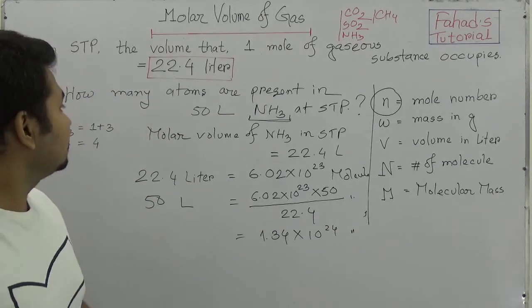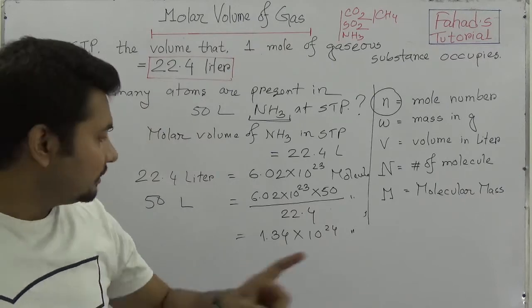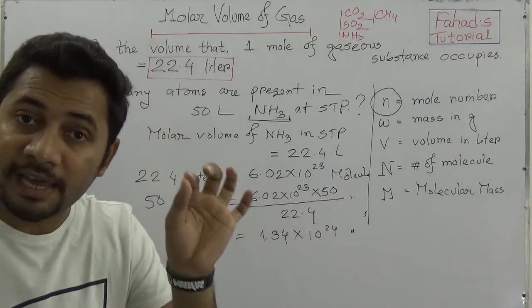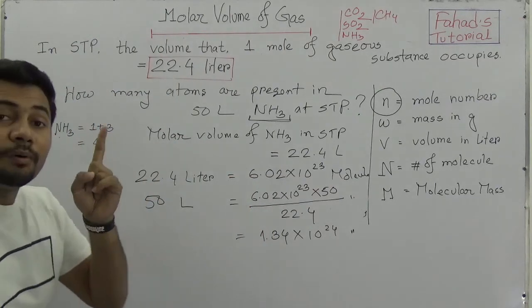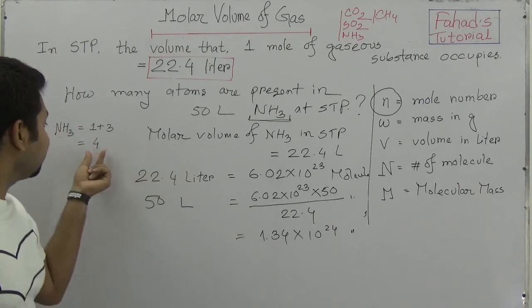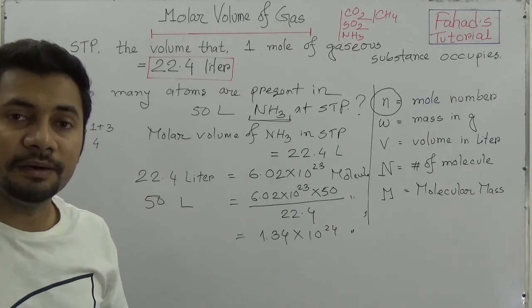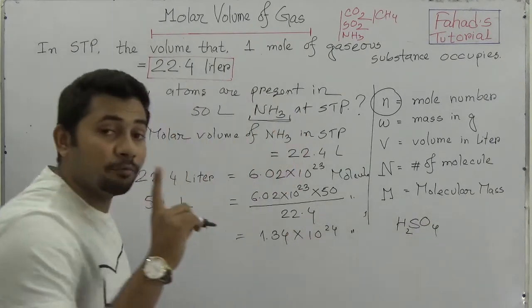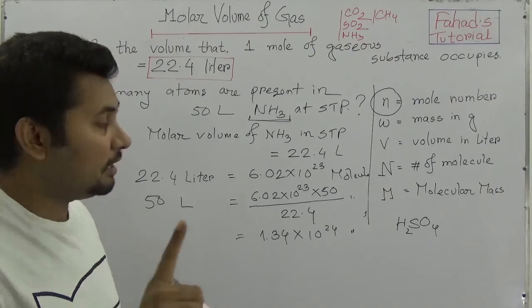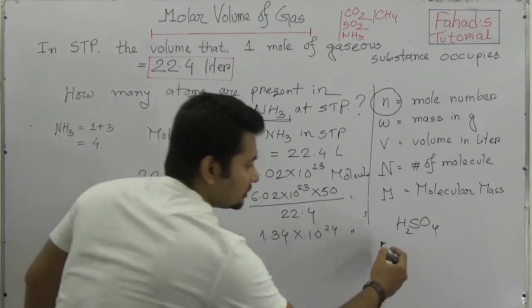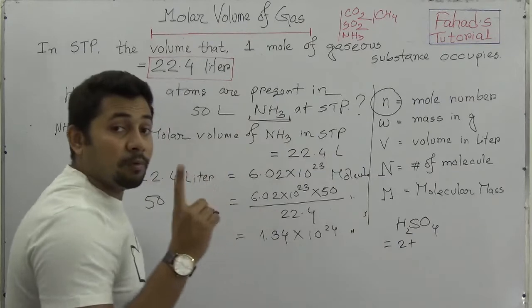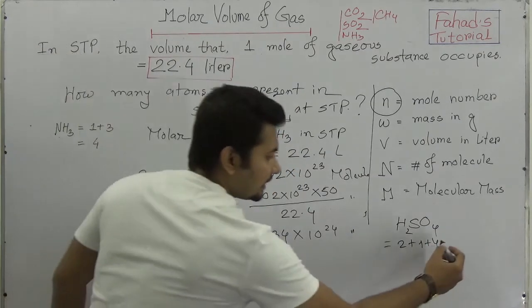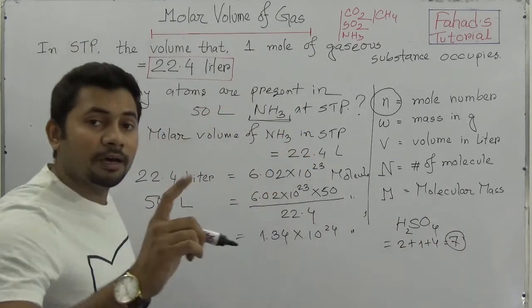But the question was, how many atoms? This is the number of molecules, but we need to find the number of atoms. We know that in one molecule of ammonia there are 4 atoms. Suppose in the case of H2SO4, in one molecule how many atoms are there? There are 2 hydrogen atoms, 1 sulfur atom, and 4 oxygen atoms, so it has 7 atoms in one molecule.